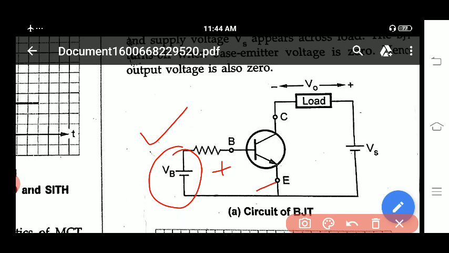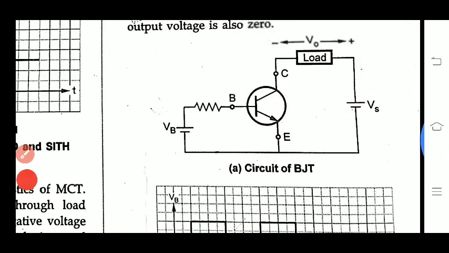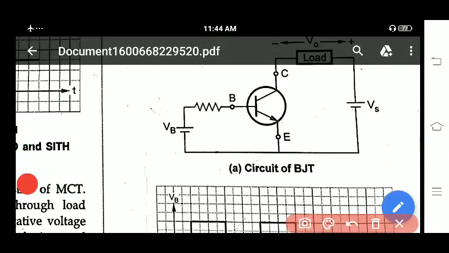Once this BJT turns on, current starts to flow from supply to load, collector to emitter like this. It starts to conduct like this. If you want to make this turn off, you can remove the VB. If you remove this, obviously this BJT goes to off condition.